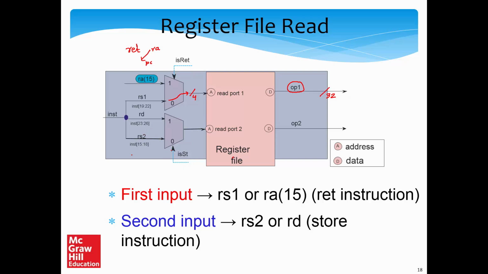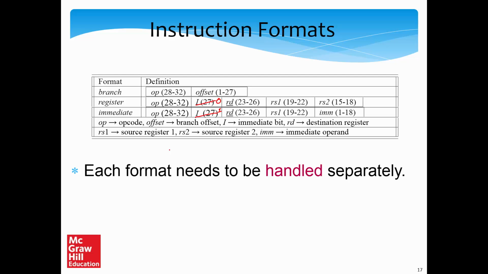But also in the case of the store instruction, we had actually done something very interesting. In the immediate format, we had assumed that we'll write the store instruction in this form: store rd, immediate, rs1.